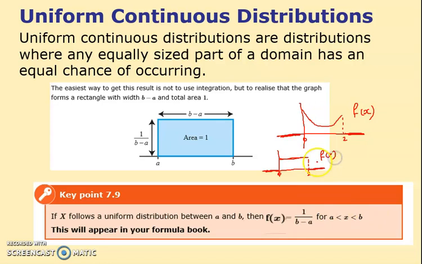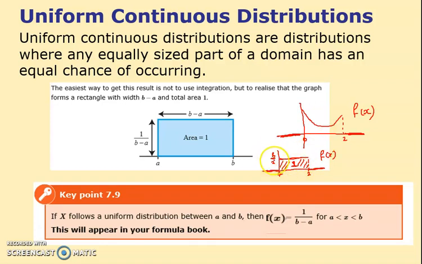Now just bear in mind, because the total probability is 1, you can see that allows me to work out this height here. In this case it's got to be equal to a half, because a half times the width of 2, the area of this thing effectively has to equal that 1.